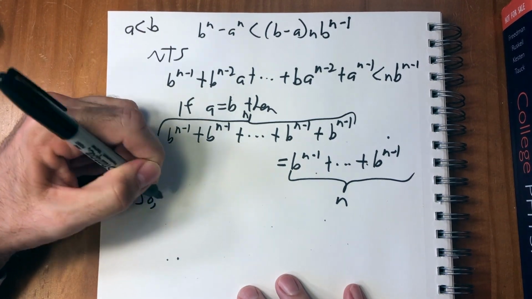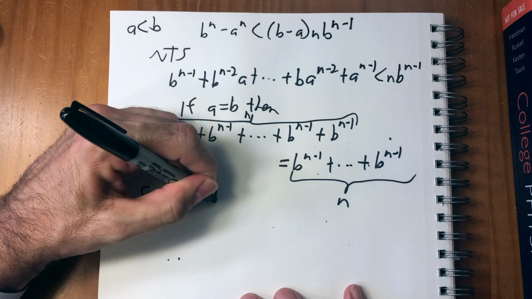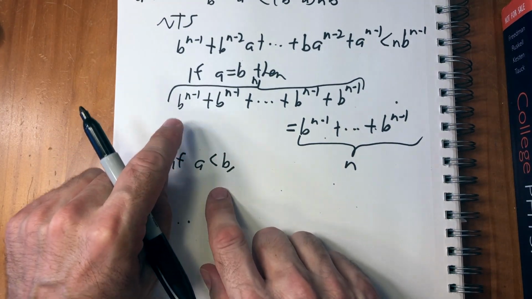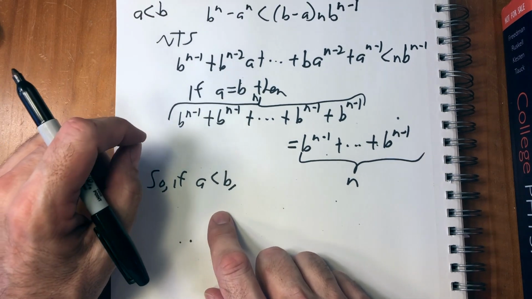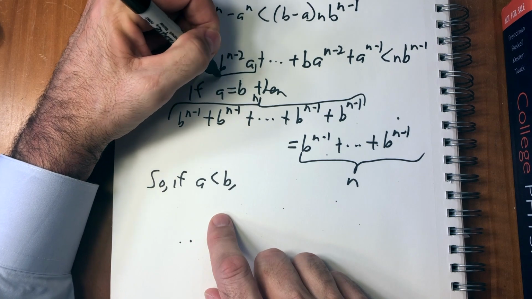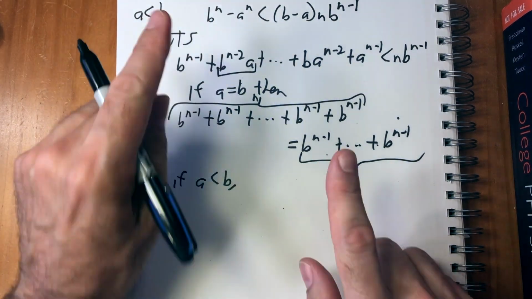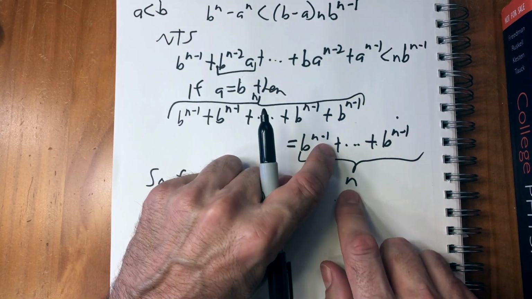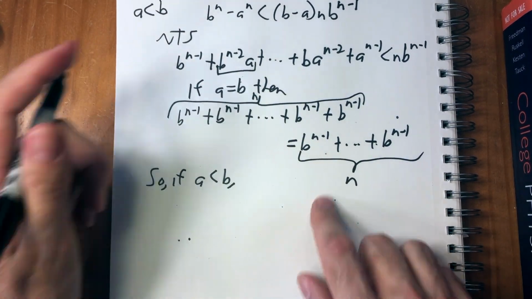So if a is less than b, then we have to show that for each term where a is less than b, in each instance, this is going to be less than the matching term where they were all b.